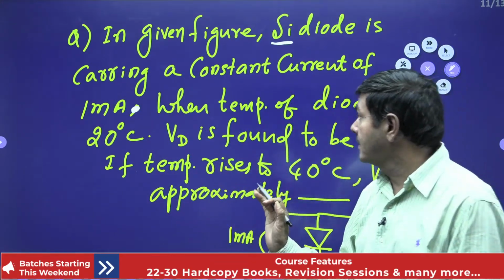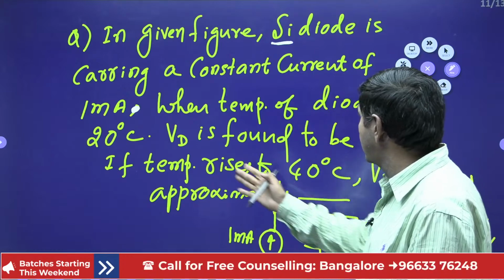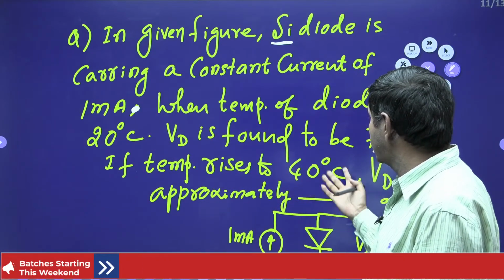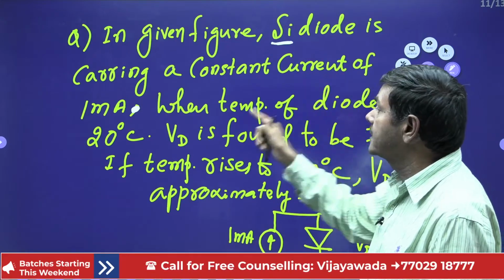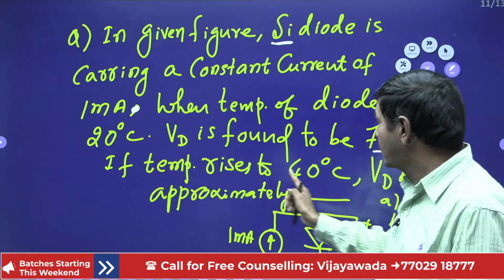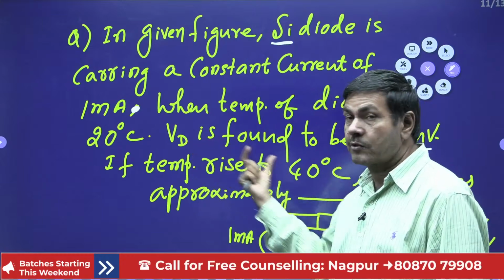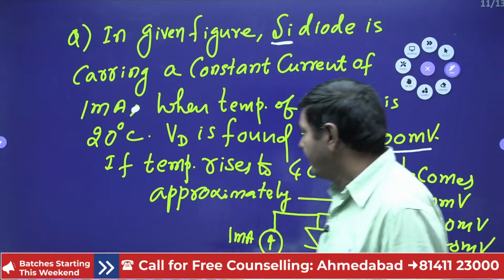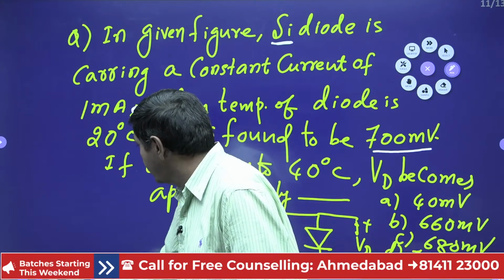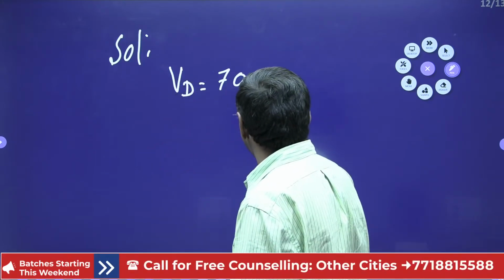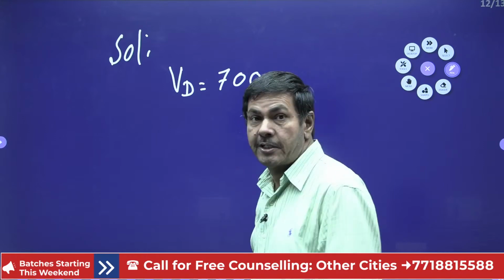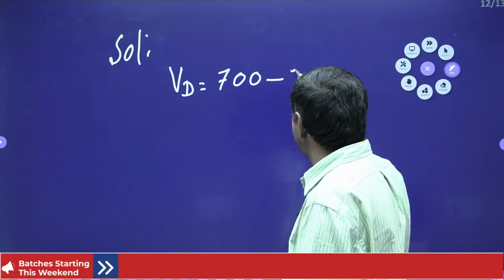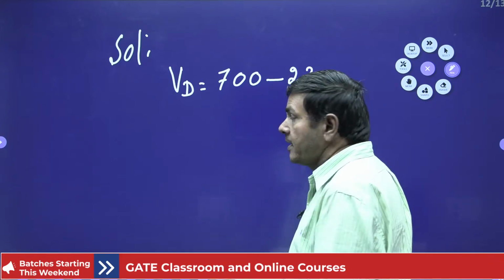Initially it is at 20, and now the temperature is 40, so it increases from 20 to 40, a difference of 20 degrees. For each 1 degree centigrade, how much is it decreasing? 2.3 millivolts, as I gave.